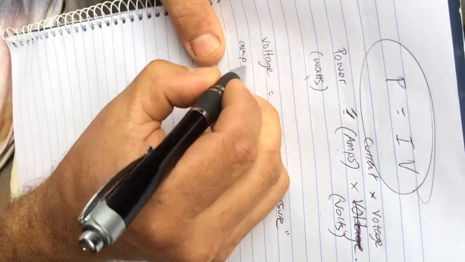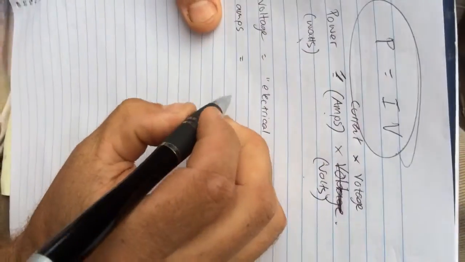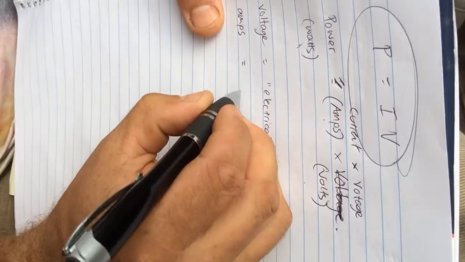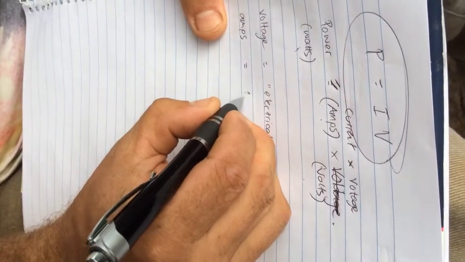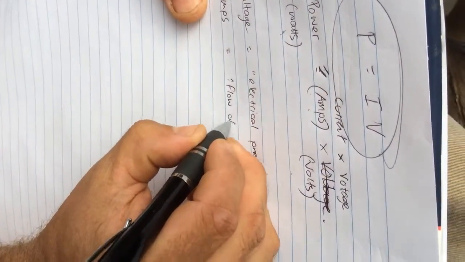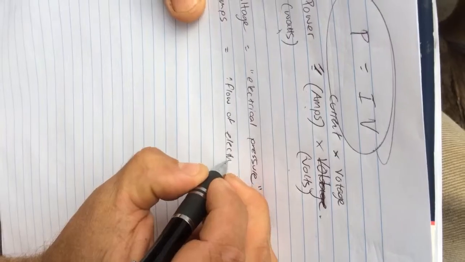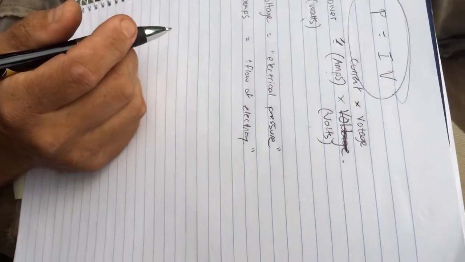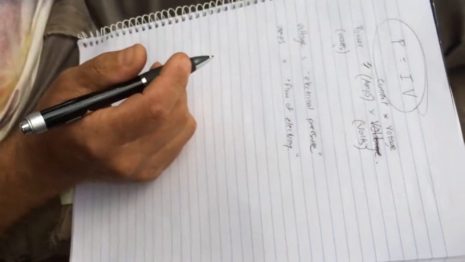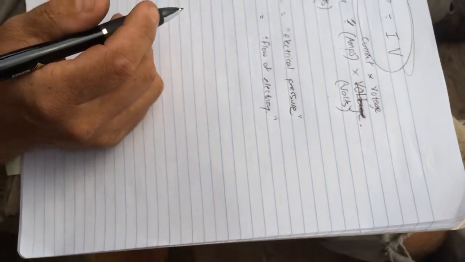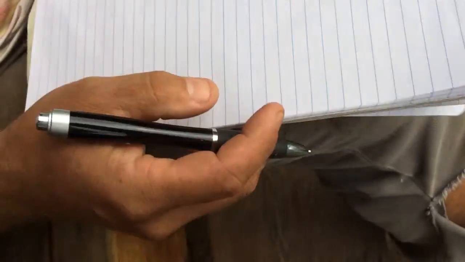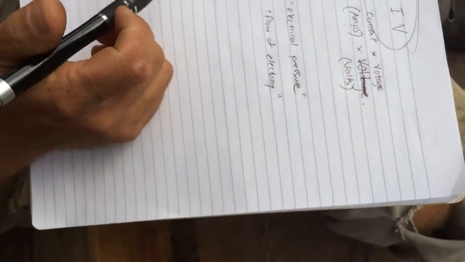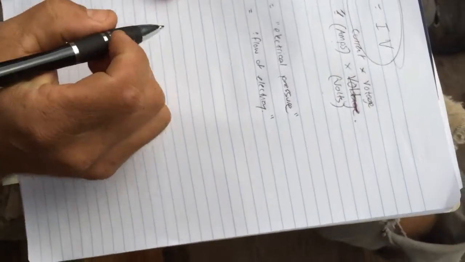Your amps is your flow of electricity. It's like the size of pipe? Yeah, it's how many electrons are moving around in the wire, how much water is flowing around the pipe. It's flow. It depends on how high your header tank is to get the pressure. So the more voltage, the more pressure, but it really doesn't matter too much.